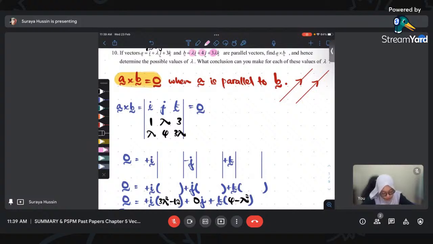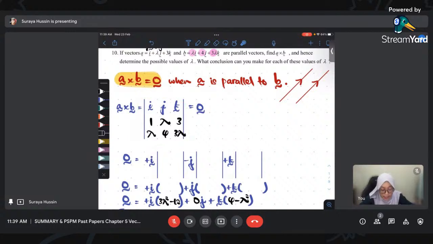And so, saya letak equal to 0. Equal to 0 vector. Sebab saya perlu cari, dia kata find A and B. And then, hence, determine the possible values of lambda. So, untuk cari lambda, saya dengan serentaknya meletakkan faktor 0. Saya buat serentak, senang. Okay, so sekarang ni our job is to solve A cross B.